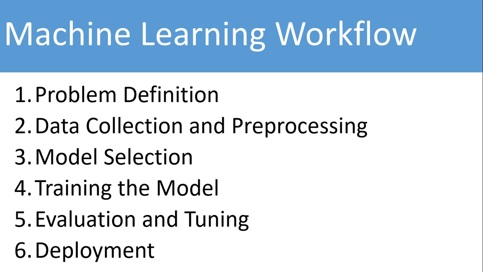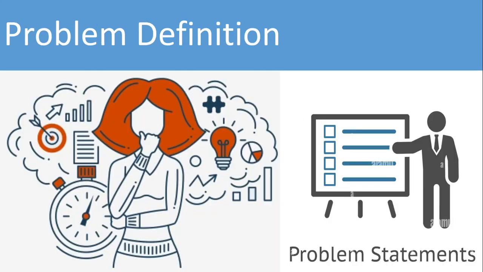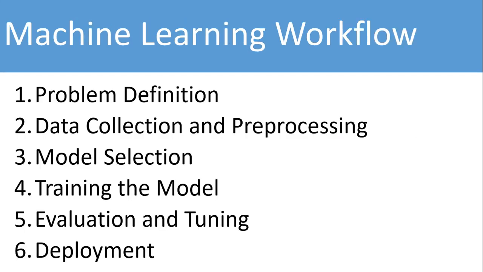Third, model selection: you may select one or more machine learning models for training. Then training your model, evaluation, and tuning that model, then deployment. There are others, but today we focus on the main machine learning workflow.